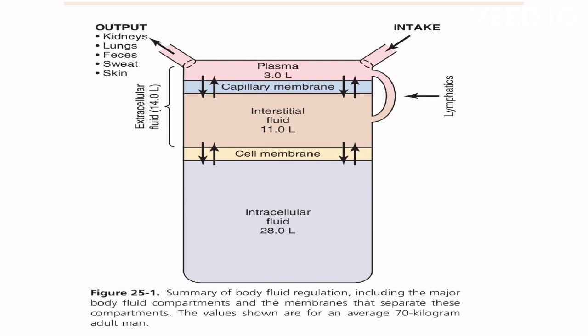And this property makes these two compartments have similar or the same constituents. And these materials from interstitial to plasma or from plasma to interstitial are moving through a membrane. This is called a capillary membrane. It is highly permeable, so they always move from one compartment to another compartment.